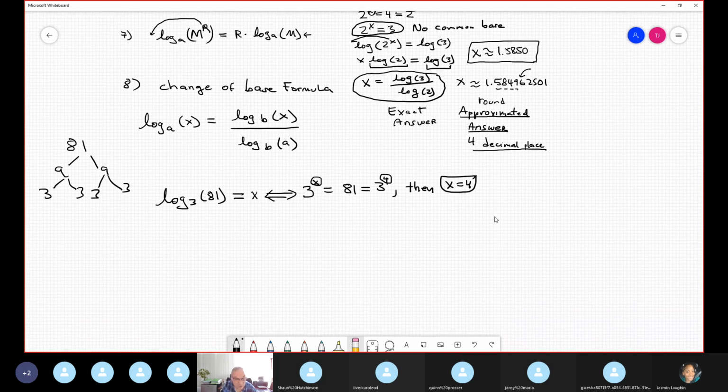However, I want to use this fantastic formula. This formula allows me, using the calculator, to compute any logarithm. So after this class, you have no excuse to not compute any logarithm. Suppose again this example, why not?